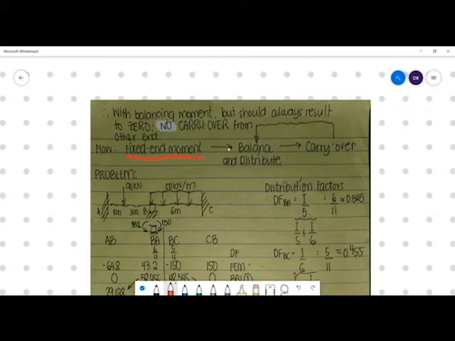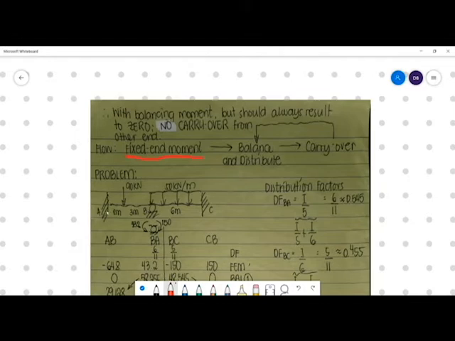Then we balance the moment by allowing the rotation, and distribute it per span. Then we carry over to the other side of the span, and rinse and repeat until everything is balanced.